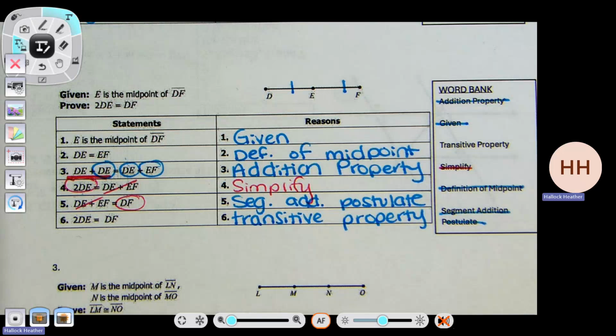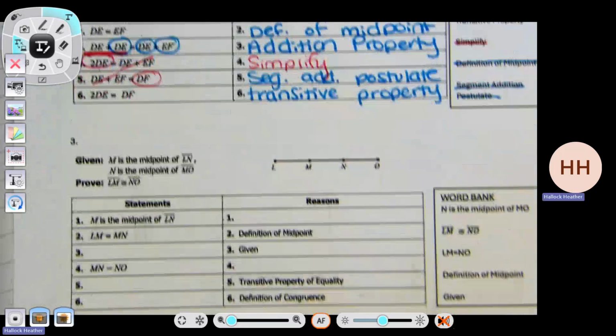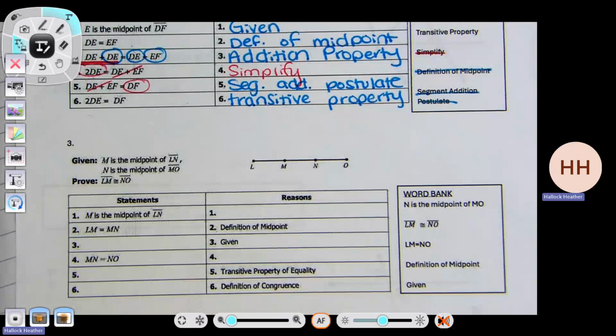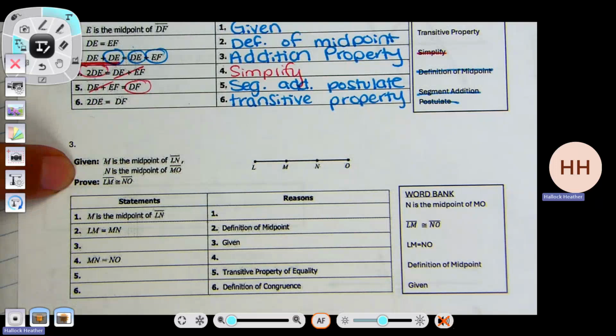Let's look at 3. Take a second. I'll zoom out just in case you need it. For 3, try to fill in a couple things. See if you can figure it out. 3 is not that bad. You should be able to fill out 3 spaces just by looking at the given and the prove. 3 spaces could automatically be filled out without even having to think about what the question's actually asking.